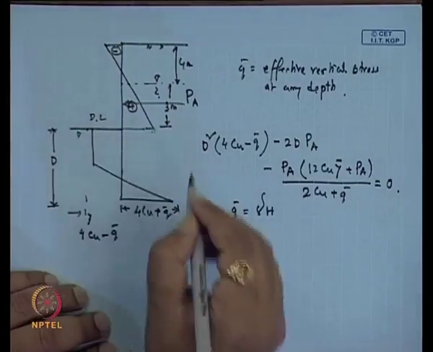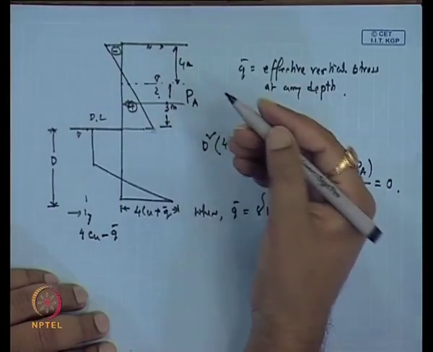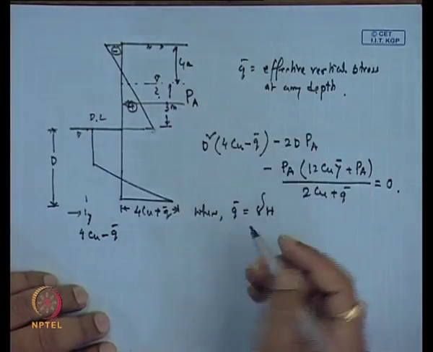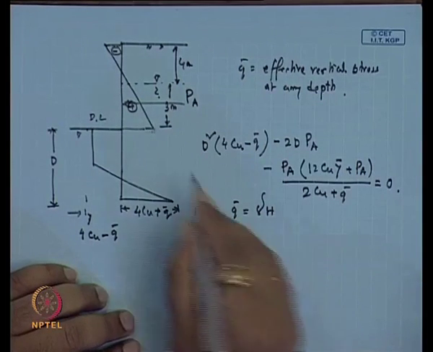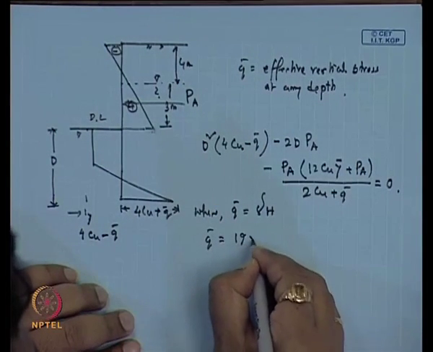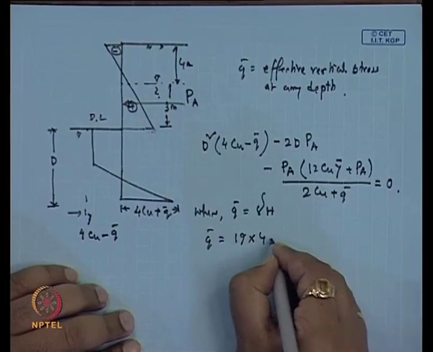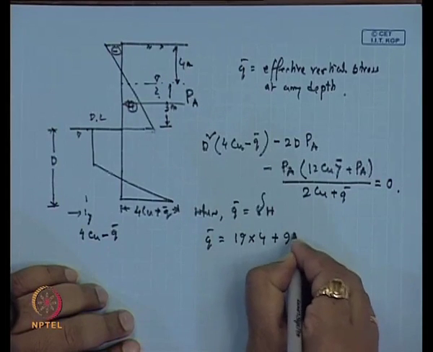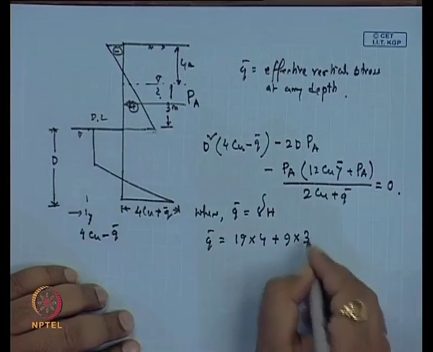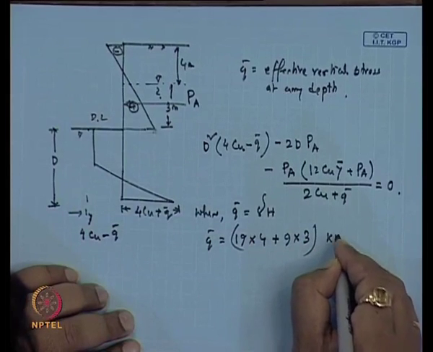From this, if I consider the same unit weight and height, then the Q bar for this case will be 19 into 4 plus 9 into 3. So, this will be the Q bar for this case.